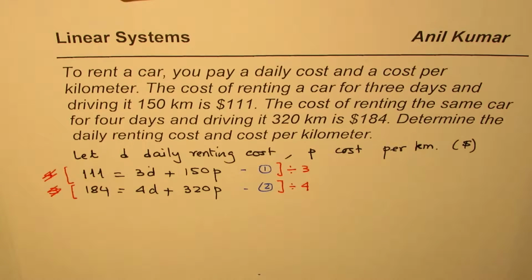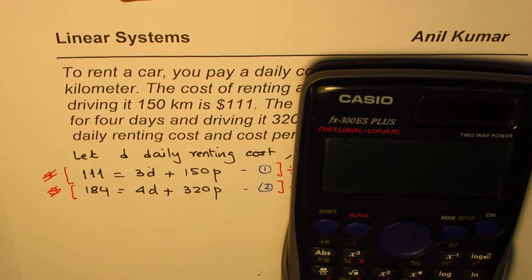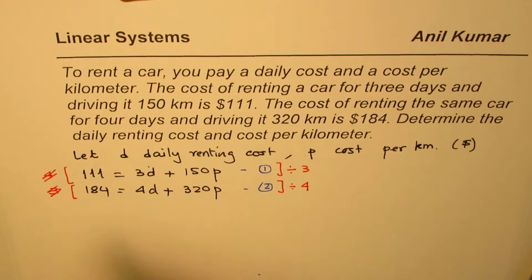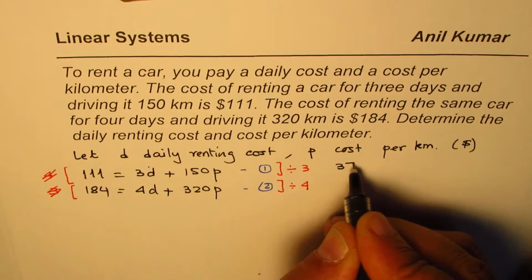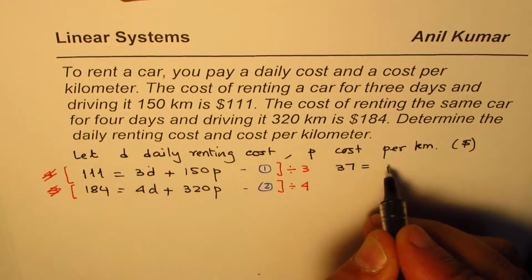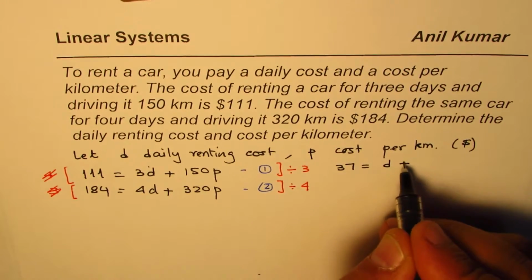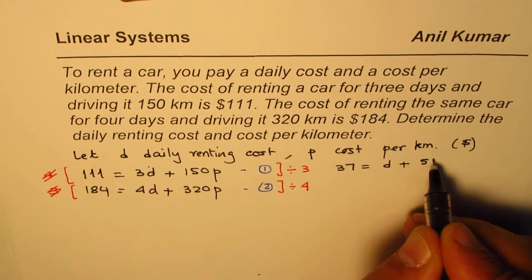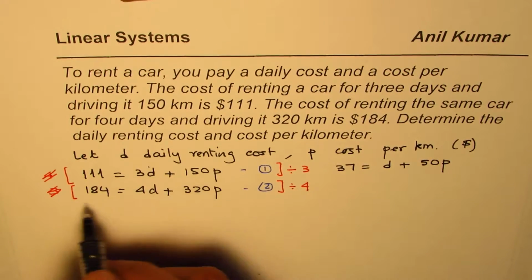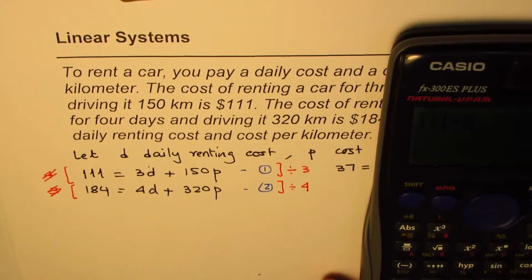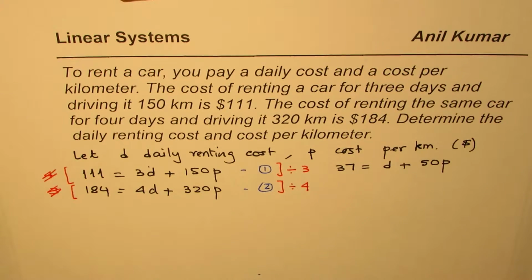111 is divisible by 3. So 111 divided by 3 is 37. This gives 37 equals 3 divided by 3 is 1, so D, plus 50p. Now here, 184 divided by 4 is 46.